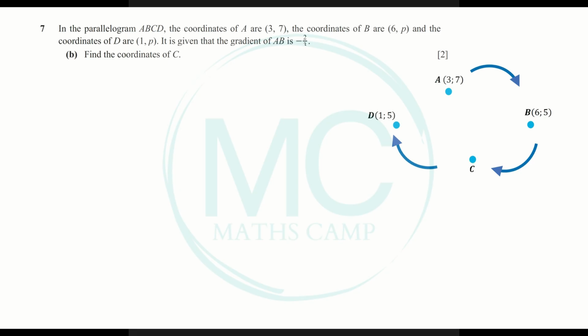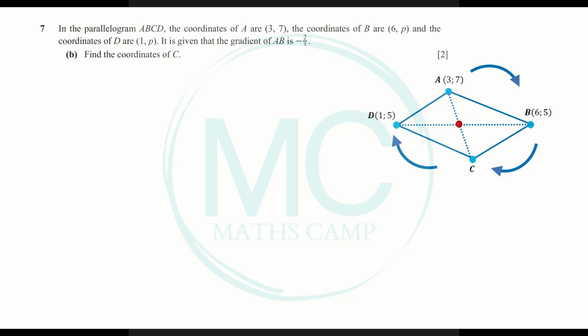We're working with a parallelogram ABCD, and one of its characteristics is that the diagonals bisect. This means that AC has the same midpoint as line DB. So if we can find the midpoint of DB, we can use this to find the value of C.